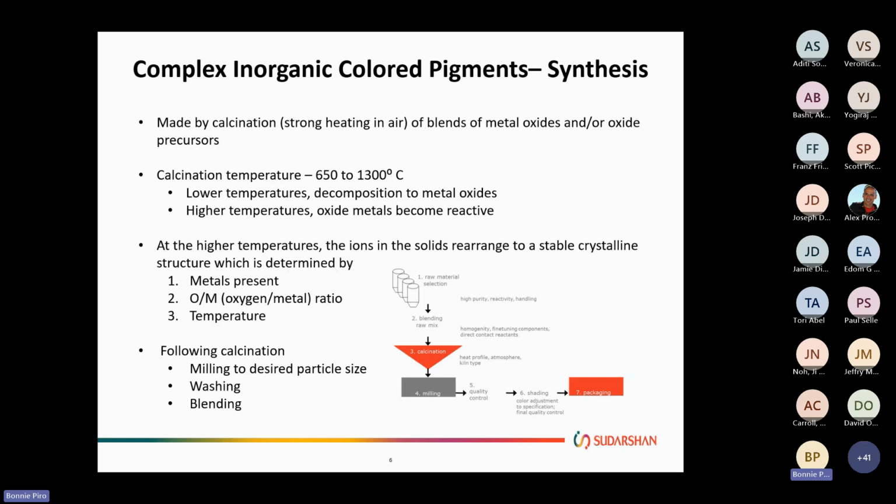And different things happen at different times in the temperature zones in this tube that is the calcination tube. At the lower temperatures, this is where the decomposition to the metal oxides occurs. At the higher temperatures from the middle to the end of the tube, this is where the metal oxides become reactive, and then they can combine together into the new crystal structure.